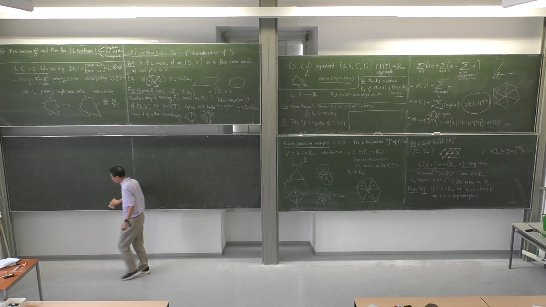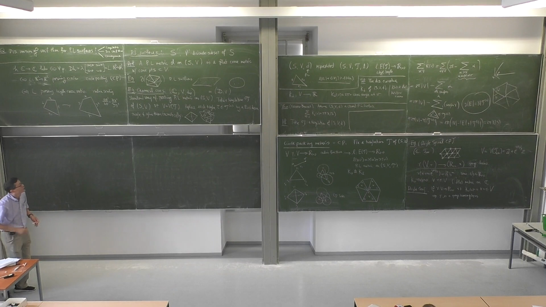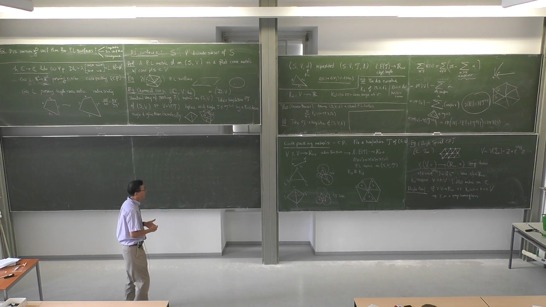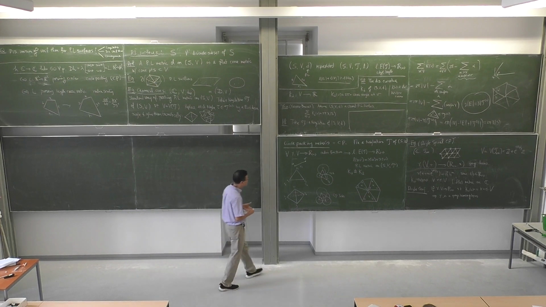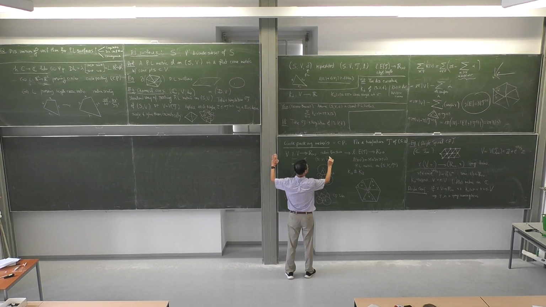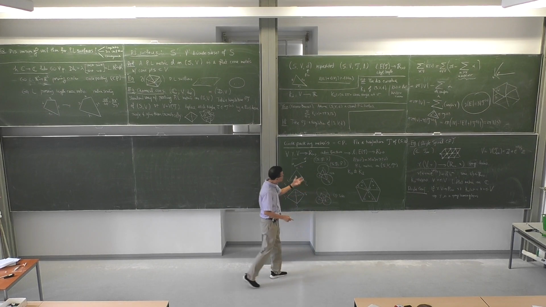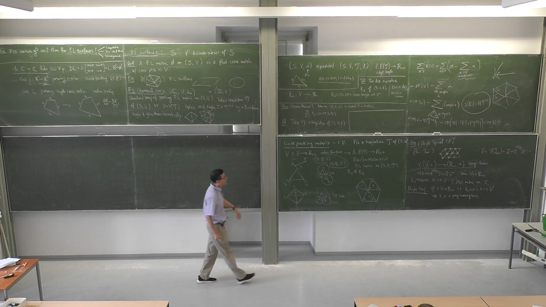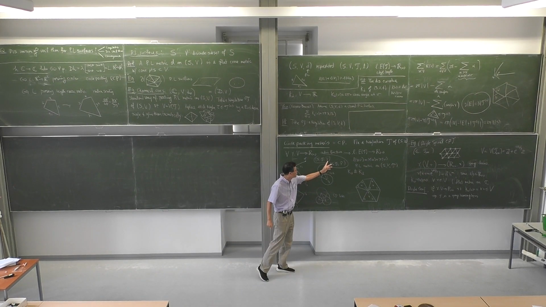So maybe let me say one word before going to the details. You may ask, where is the discrete conformality here? What's in Thurston's mind is that if you have two such metrics on the same triangulation, suppose you assign different sets of radii, he considered these two polyhedral metrics to be discrete conformally the same.